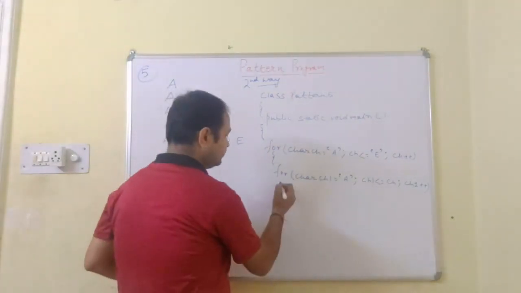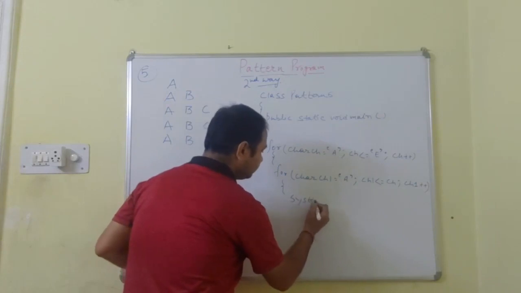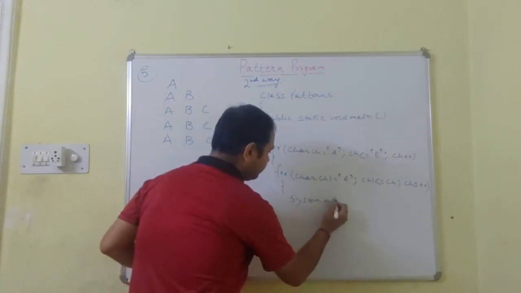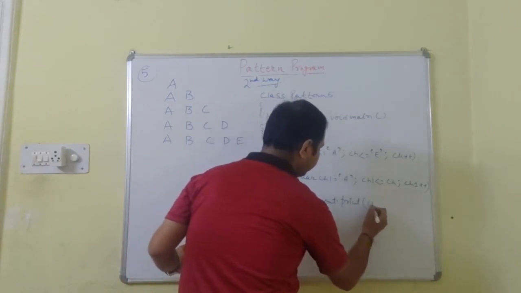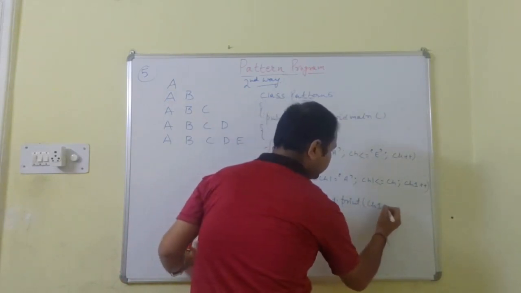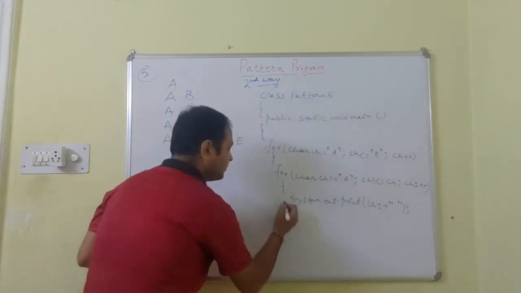Okay. Then System.out.print the value of ch1 plus we provide a space in between the values.